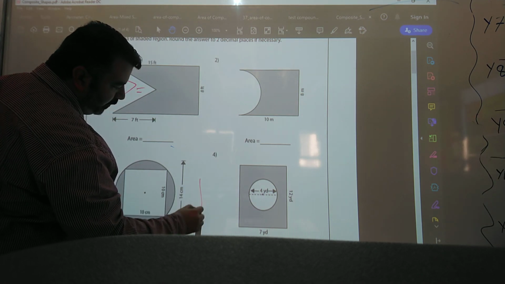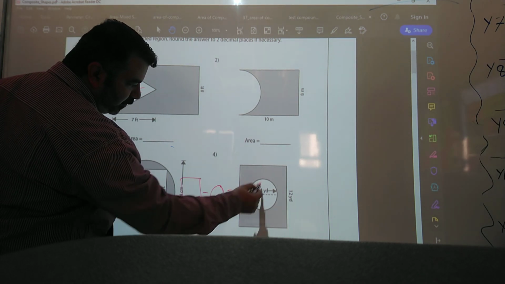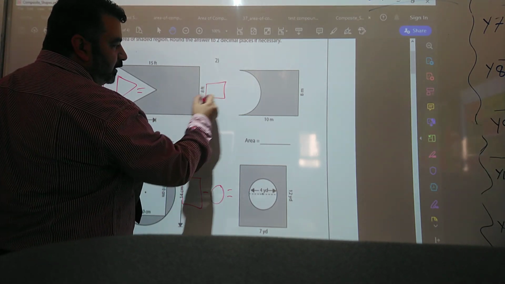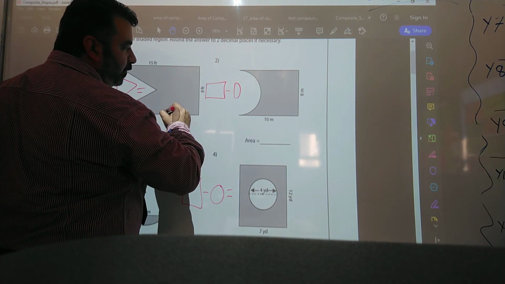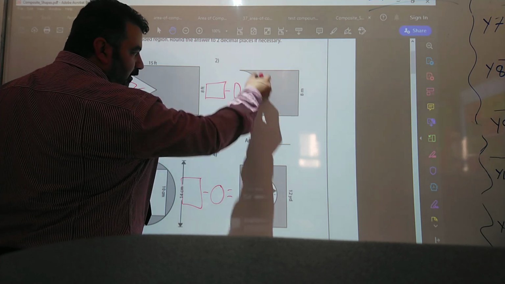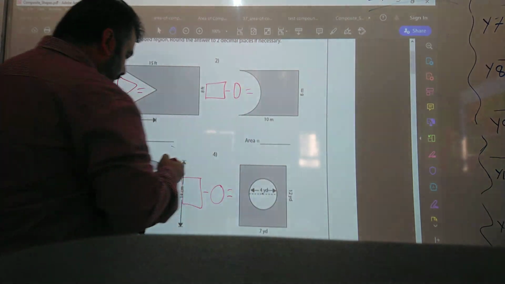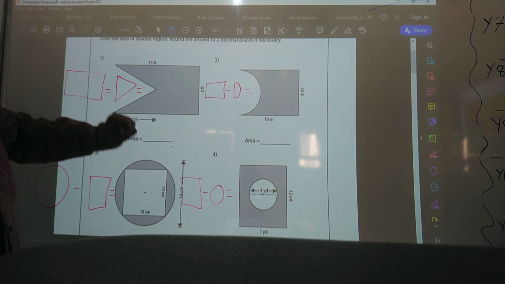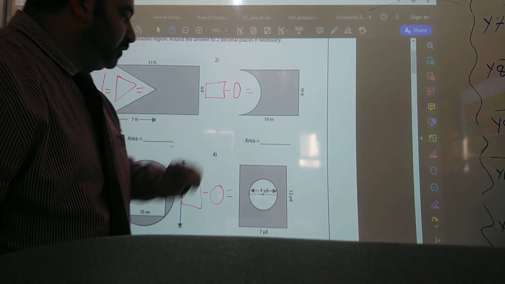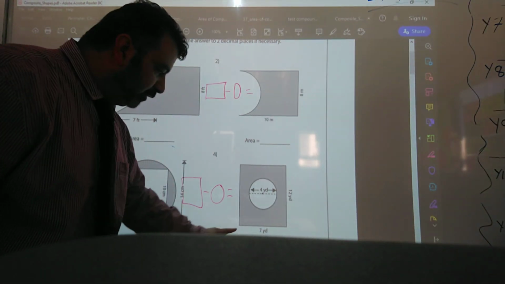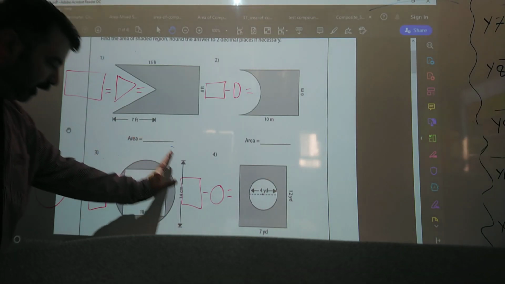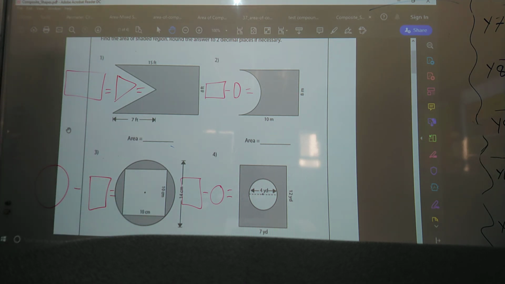Now the area of the square minus the circle equal to this. Here, the area of the rectangle minus half the circle, which is this one, equal to this. Now this is the only hint I can give you. The area of the rectangle minus the triangle. The area of the rectangle minus half a circle. The area of the rectangle, which is 7 times 12, minus the area of the circle. The area of the circle minus the area of the square.